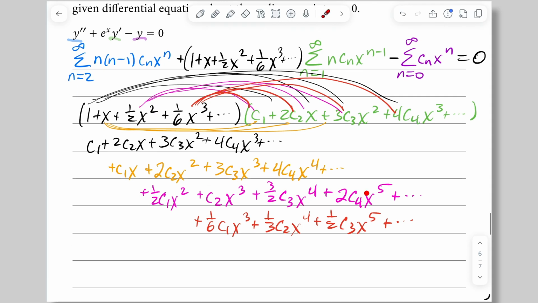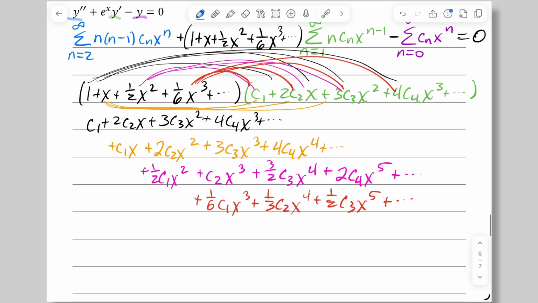Now folks, all those terms just represent the e to the x y prime term. We still need to reckon with the y double prime sigma and the y sigma. For the y double prime, we've got 2c2 plus 6c3x plus 12c4x squared plus 20c5x cubed, and so on.